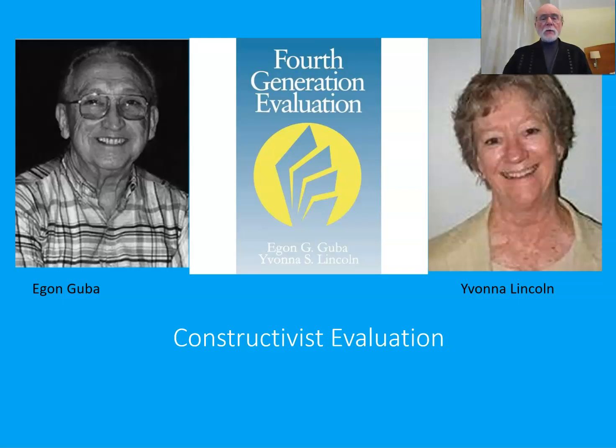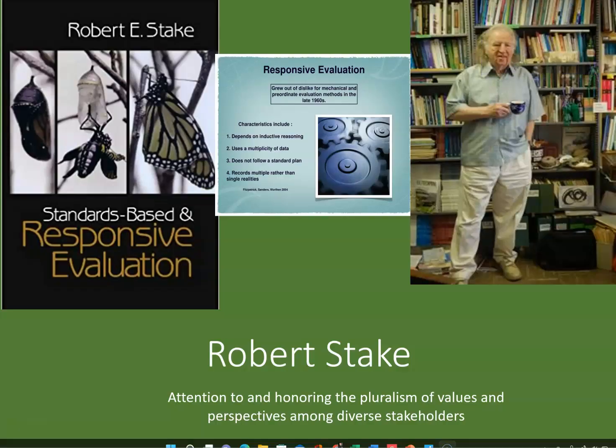An example is the constructivist evaluation advocated by Egon Guba and Yvonna Lincoln that called for evaluators to gather multiple perspectives and work with beneficiaries and participants in programs to capture their diverse perspectives and put them into dialogue with each other to understand different ways in which people experience and perceive a program. Robert Stake's responsive evaluation began by gathering multiple perspectives from different stakeholders about what questions were important to them.